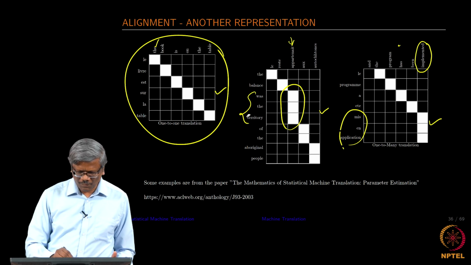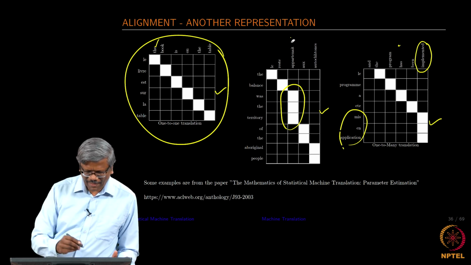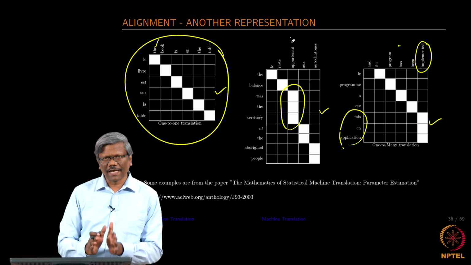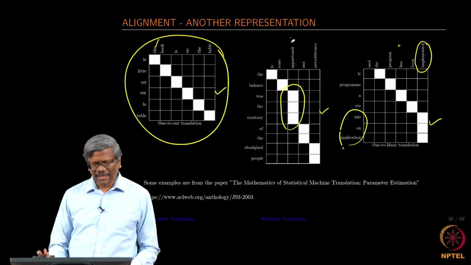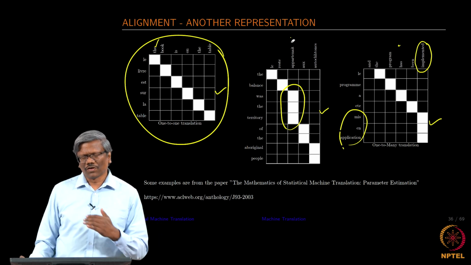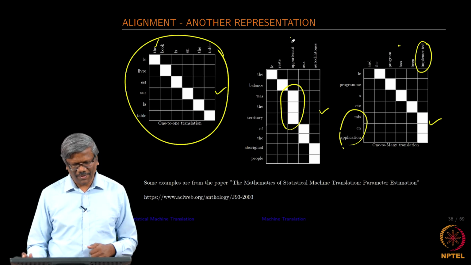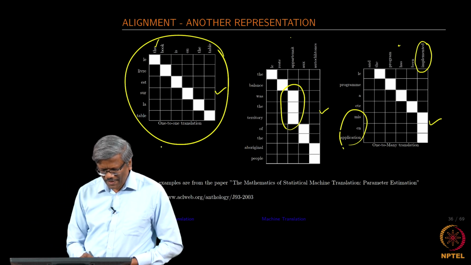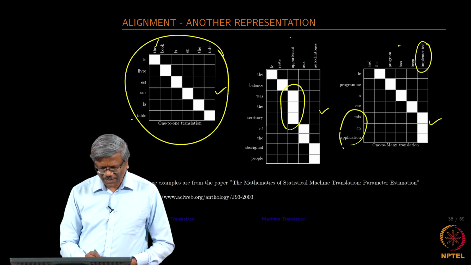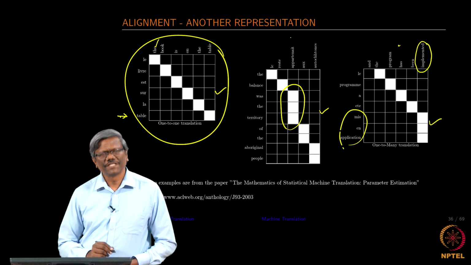If you want to write the alignment for each of these, we need to be very careful whether it is translated from English to French or French to English and so on. In this case we are going to write the alignment and condition it with respect to the number of French words. Okay.